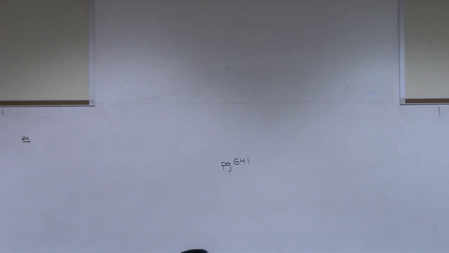Good? 30, 48, and 65. You two are going to do 31, 49, and 66. And then which two here? 32, 50, and 67. And you're going to do 33, 51, and 68.